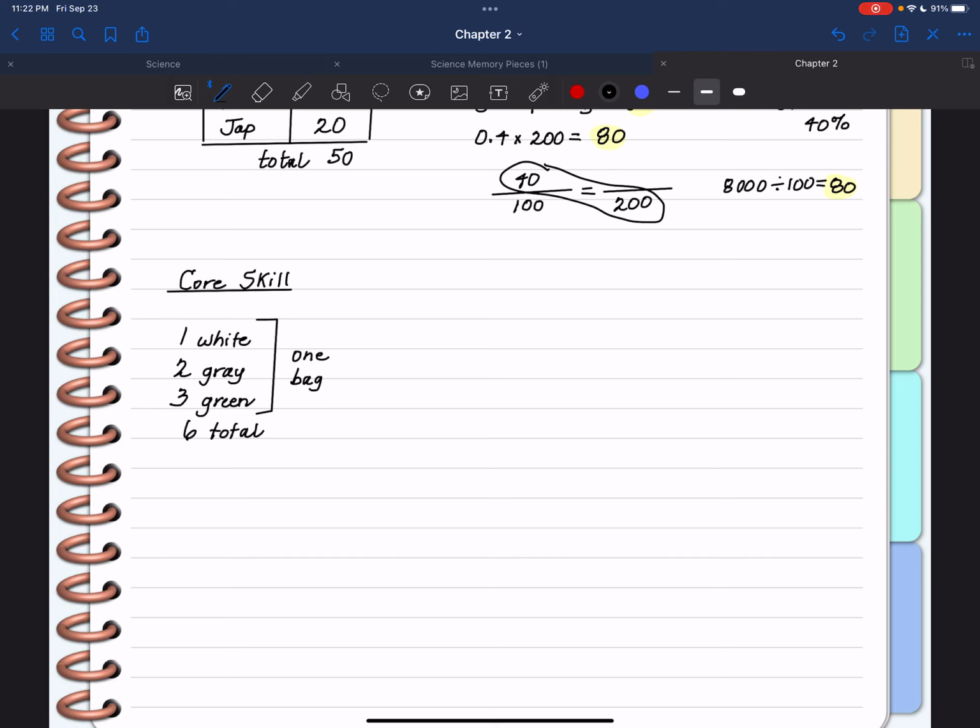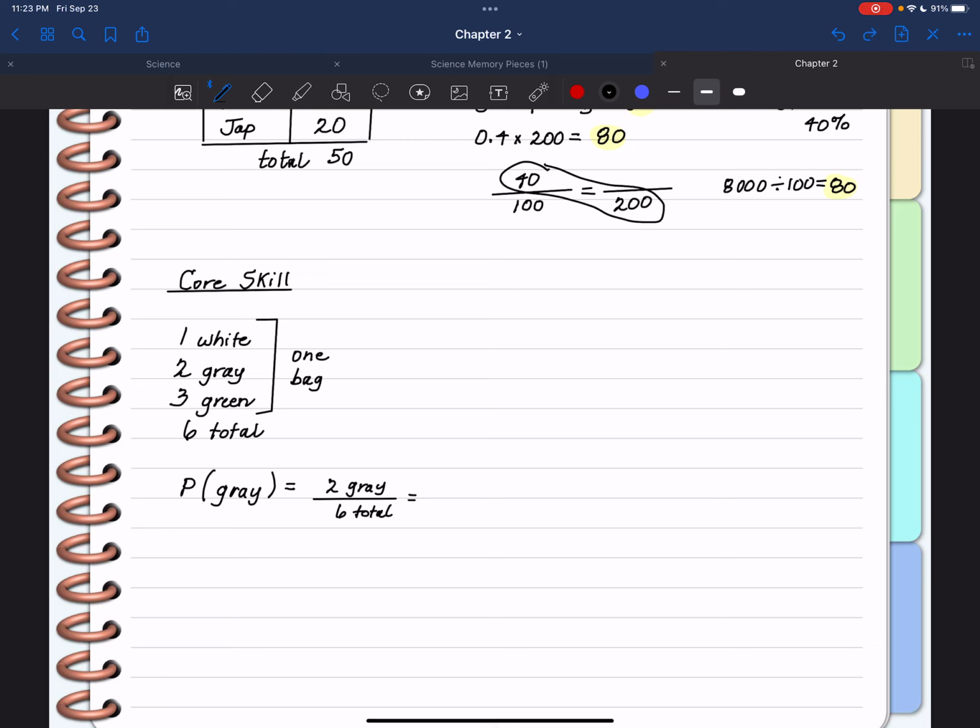What is the probability that Regina will draw a gray marble on her first try? How many marbles are in the bag? 6 total. Of those 6, how many are gray? 2 gray. So that will be 2/3. Excuse me.